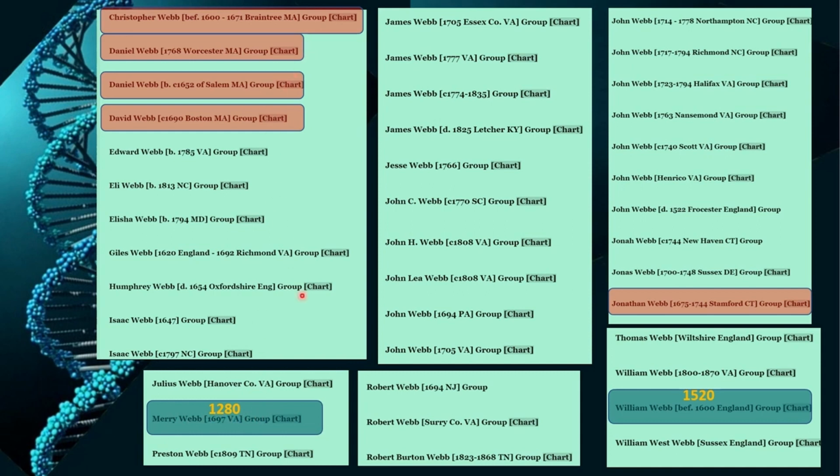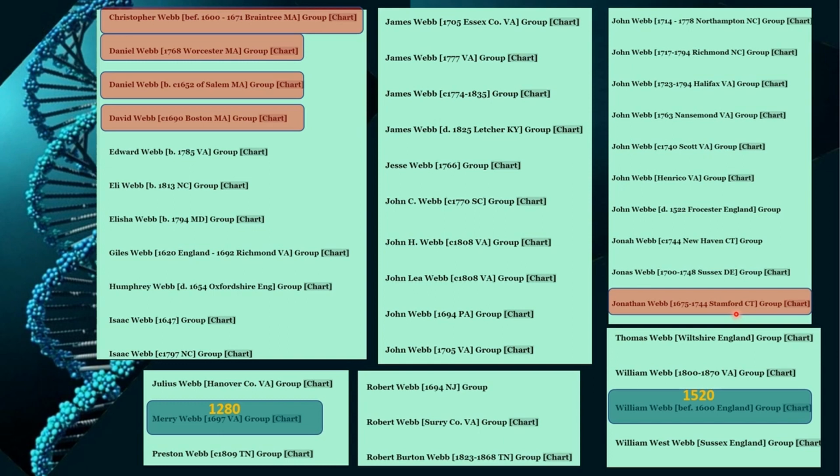All these others you see here, absolutely not related to us. One of the most common places that our line gets connected to, and it's not correct at all, is Jonathan Webb, 1675, 1744, Stamford, Connecticut.